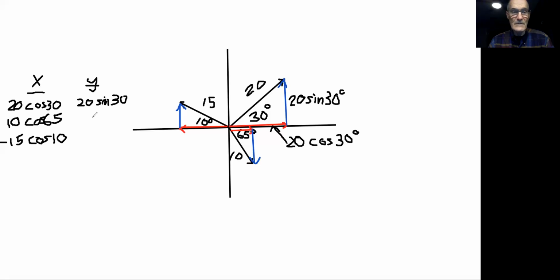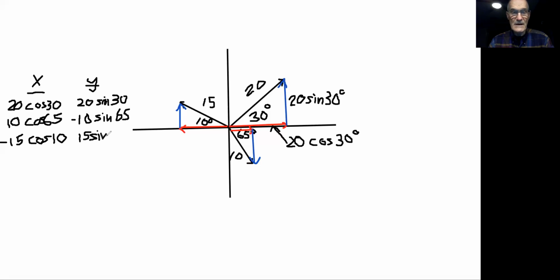Now, in the y components here, this one is positive, this one is negative, so I have minus 10 sine 65, and then over here for the 15 unit vector, that's going positive, so that would be 15 sine 10.